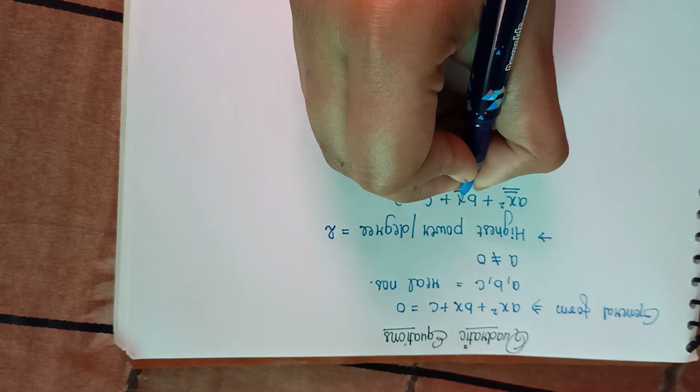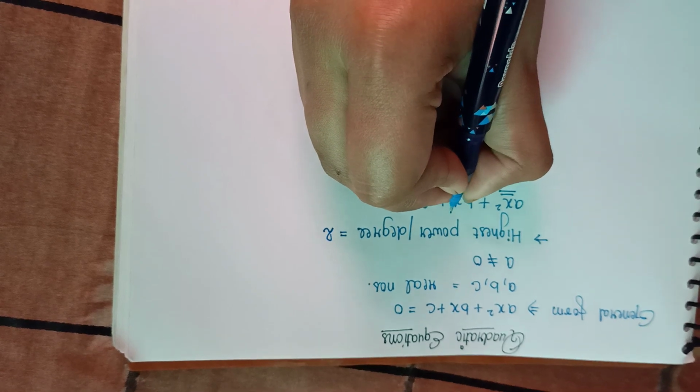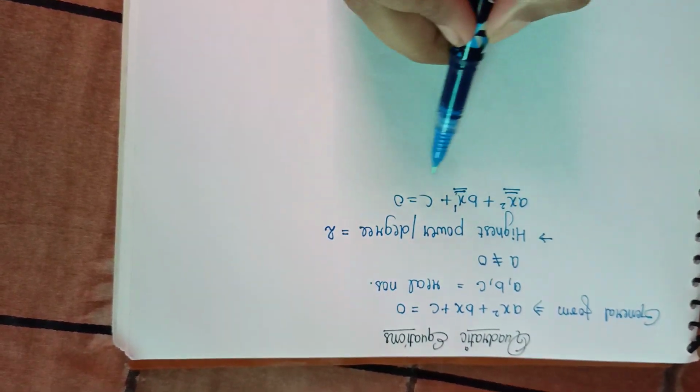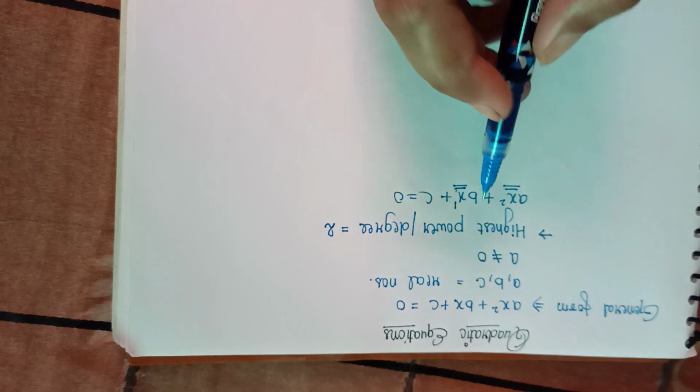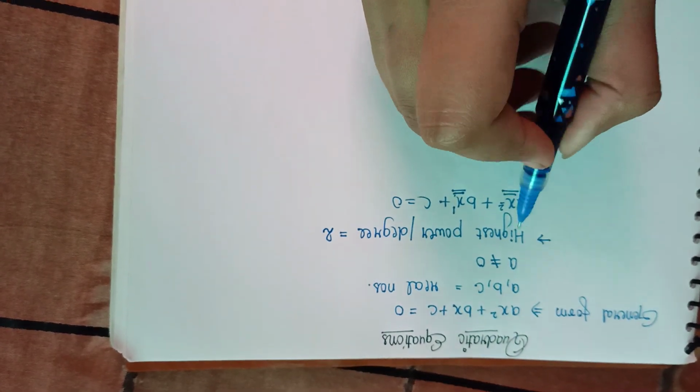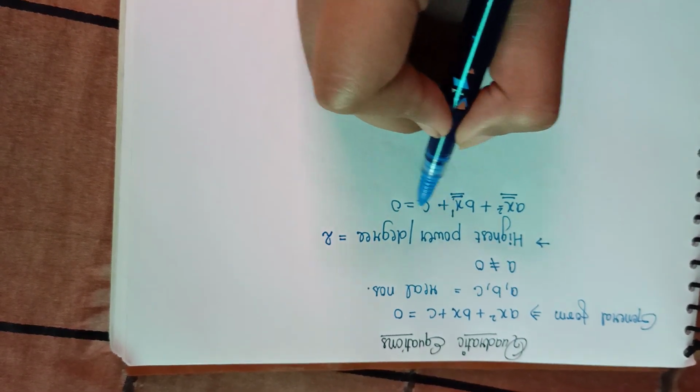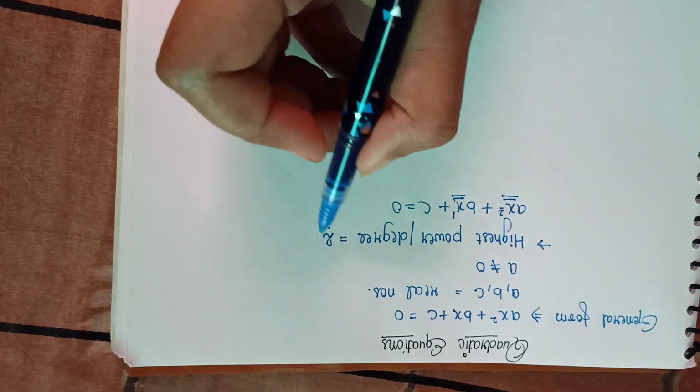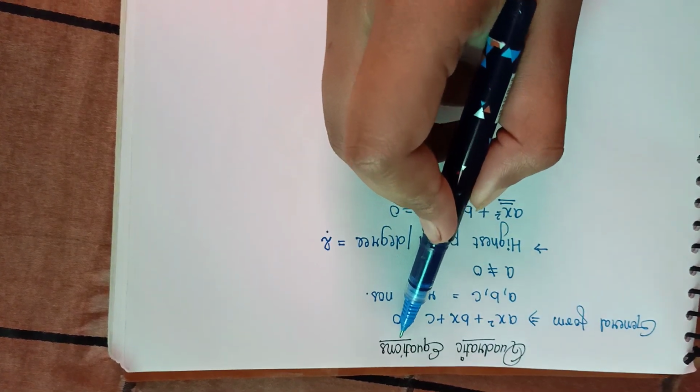The highest power of variable x over here is 1. So in the given equation, the highest power of x is 2. Whenever the highest power in the equation is 2, it is known as the quadratic equation.